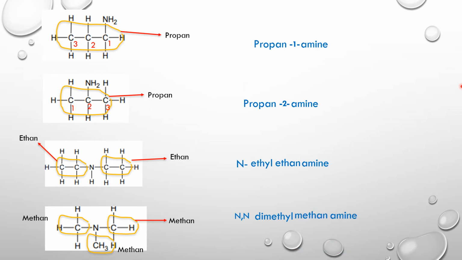Dimethyl methane amine. So the first word is going to have a YL, then the second word is going to be AN. Similarly here, the first word is going to be a YL and the second one will be a AN.